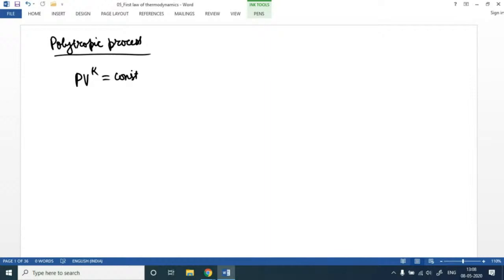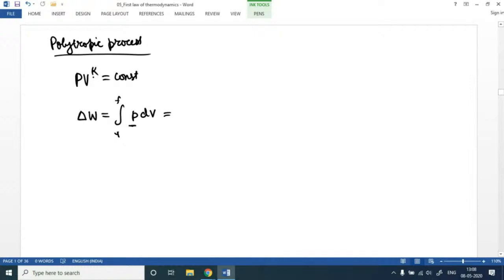For this thermodynamic change, we are interested in finding out the work done by the gas, then the change in internal energy, and ultimately delta Q. Delta W, first of all, is nothing but the integral of P dV from the initial state to the final state, and its calculation will be very similar to that of the adiabatic process.